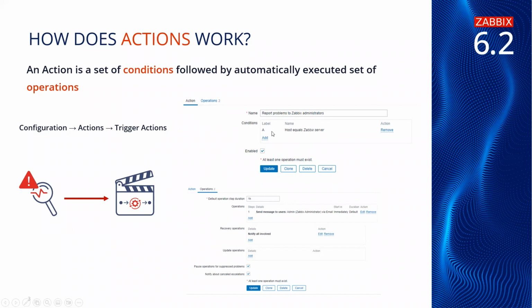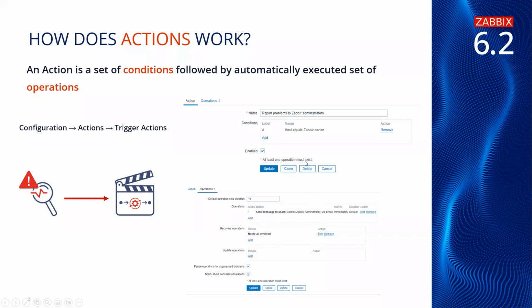Basically, I'm saying here that if I have any problem where the host equals Zabbix server, so any problem with the Zabbix server that I have under monitoring, it is going to perform this operation: send a message to the user admin via email. And then when the problem is resolved, it's going to notify all involved with a recovery operation, telling them, hey, the problem has been solved. And this is a really simple example.